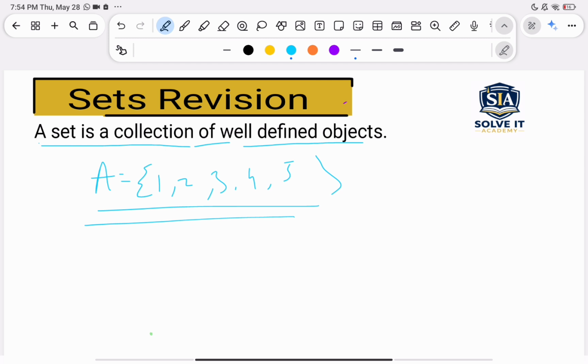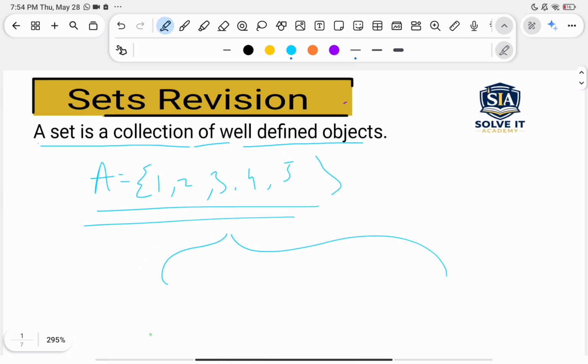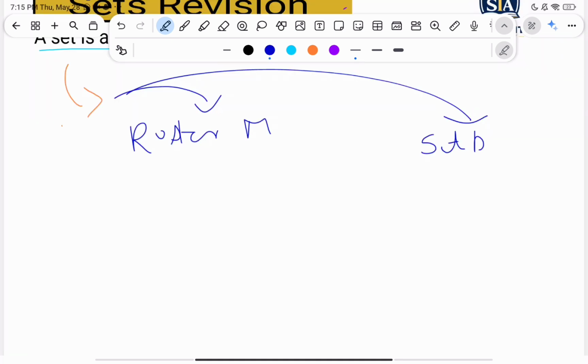This set can be classified into two forms, that is roster form and set builder form. Okay, what is roster method and set builder?